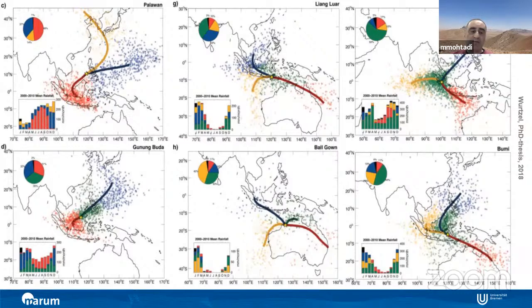And you can imagine, this is basically the entire rainfall during May, June, July until October and November. So you can imagine during sea level low stand or glacial periods, this source is cut off, and this is the proximal source. It will have a significant influence on the isotopic composition of rainfall at this site.